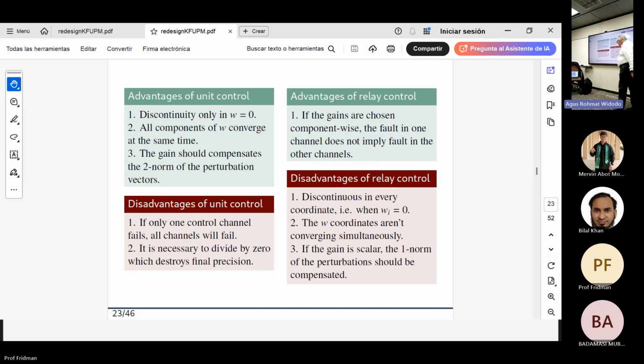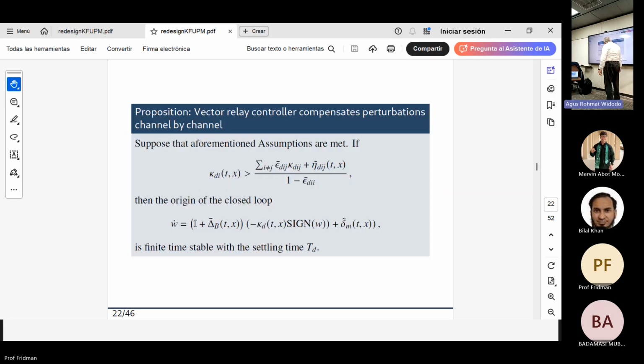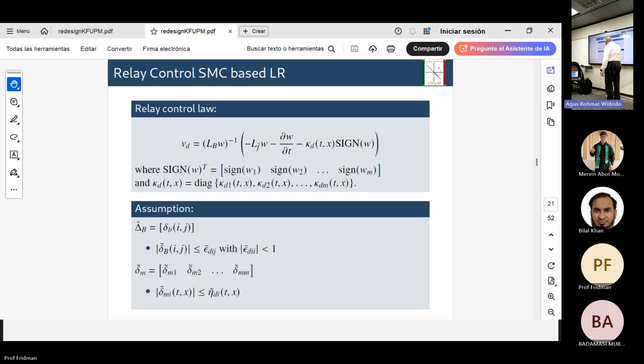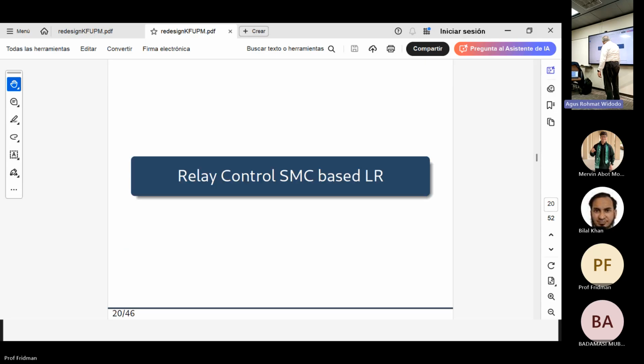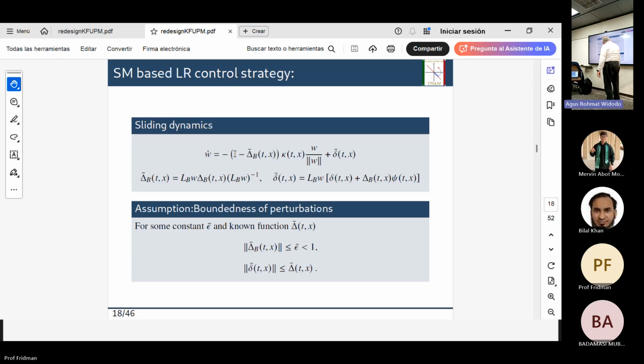And when you realize such a controller in the future, what will you have? You will have the problem that W divided by norm of W means that near zero, your computer will fail. Why? Because you need to divide by zero. So what is simple to realize?